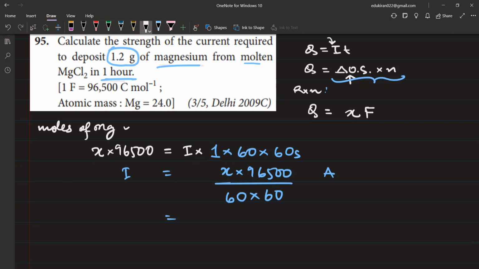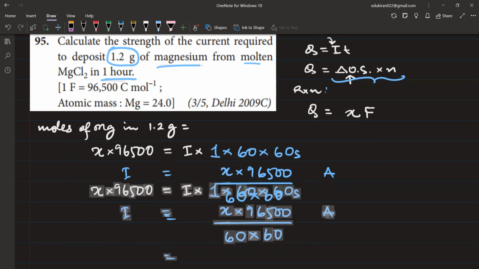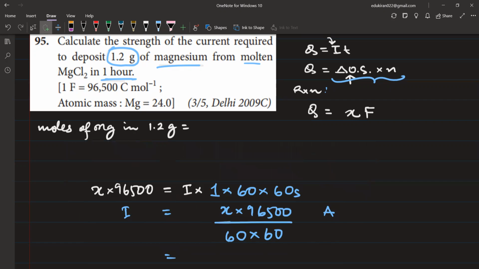Moles of Mg in 1.2 gram, and just show me the reaction that is going to happen.